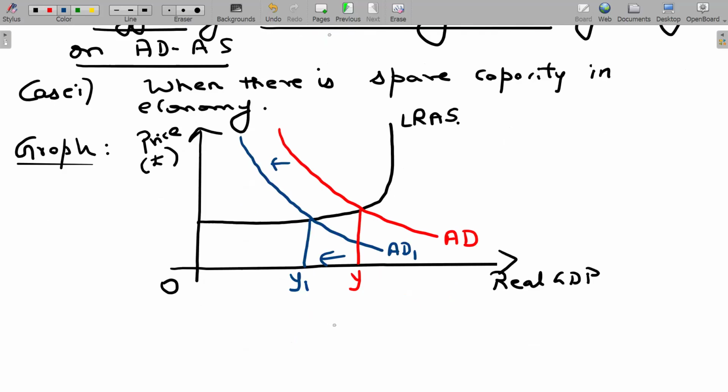Okay, we know that contractionary monetary policy can either be because of an increase in interest rates or by directly reducing the money supply.